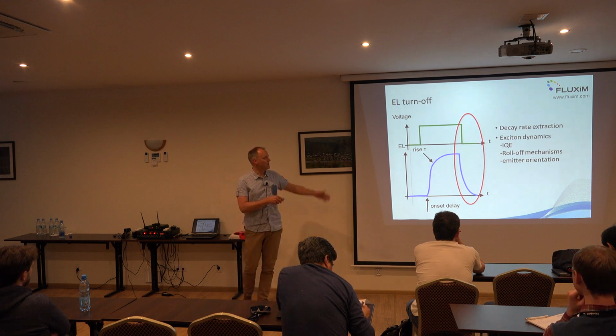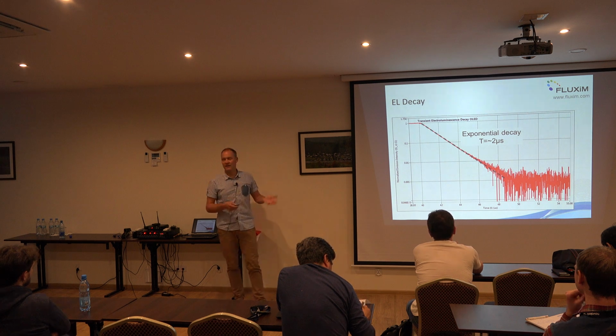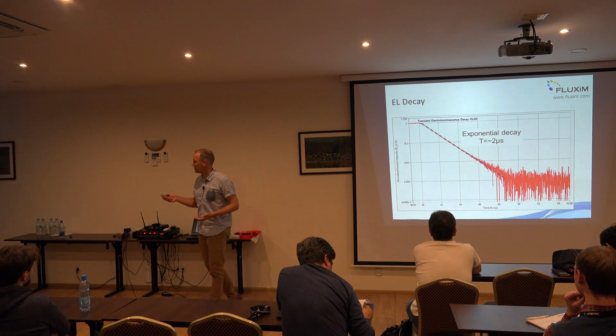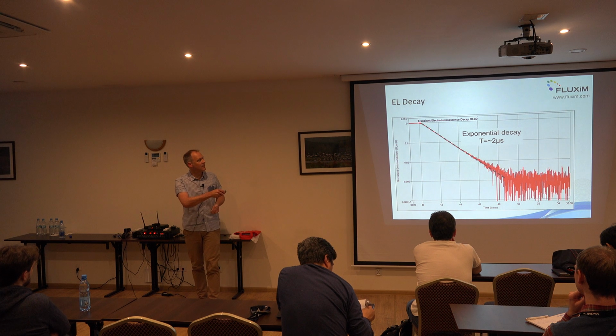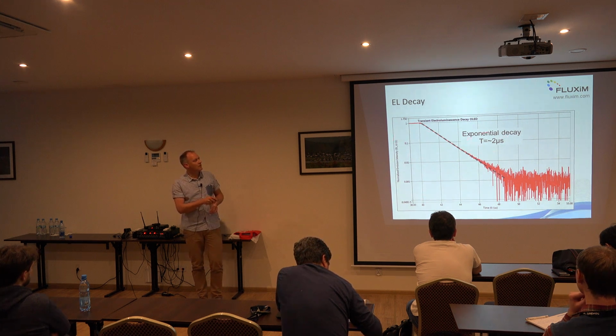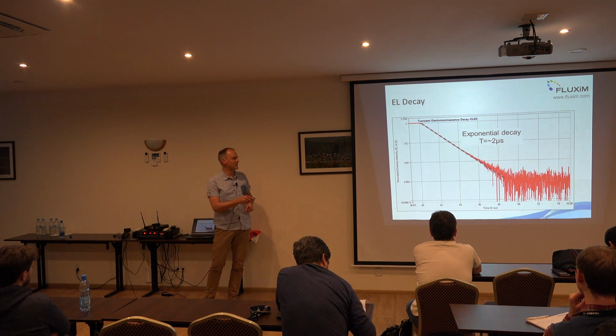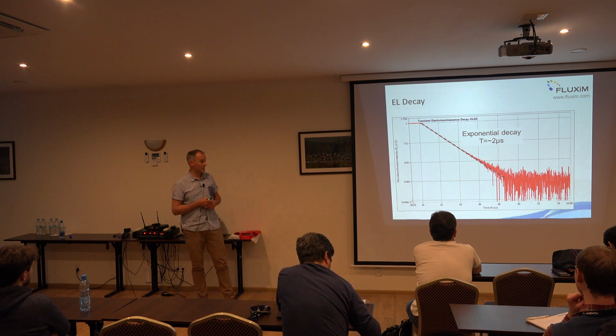But the simple explanation is that just the excitons decay mono-exponentially. If this is the case, mono-exponential decay after turnoff, then you see a nice straight line in the log of the intensity versus time. And here, this was a phosphorescent OLED, where the time constant is 2 microseconds, which is reasonable for this kind of phosphor OLED material.